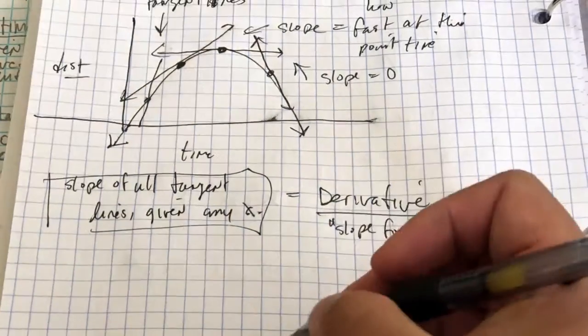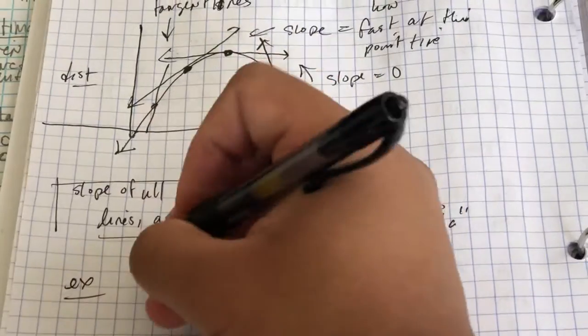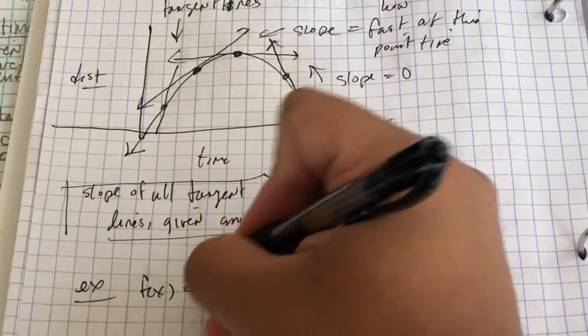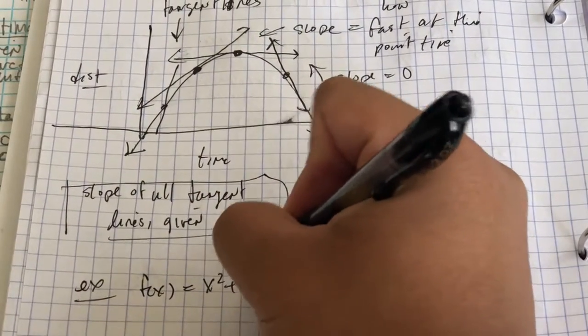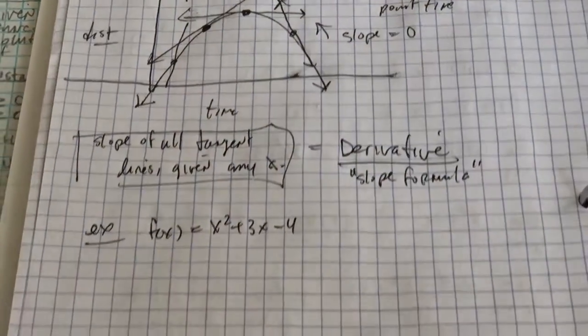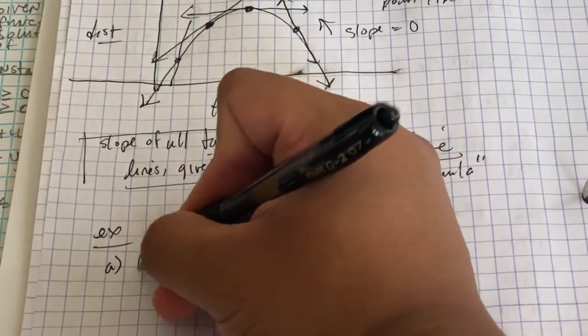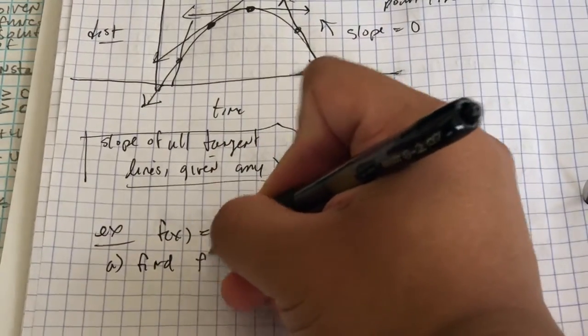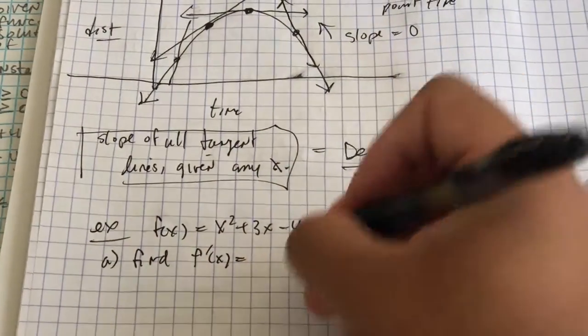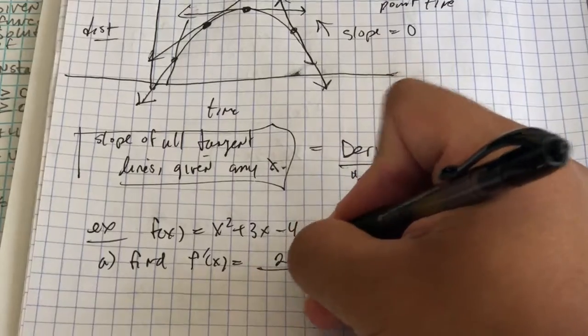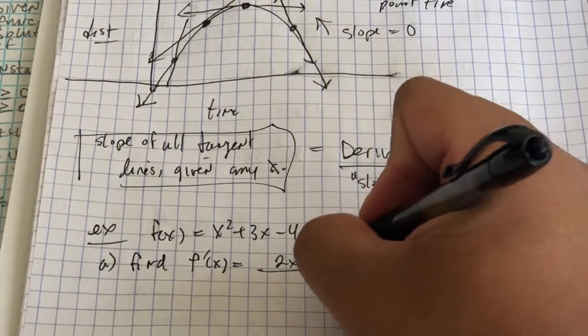So let's go back to that original equation. That original equation we talked about once again was x squared plus 3x minus 4. A typical calculus question would be: first find f prime of x, which we know already. It was 2x plus 3.